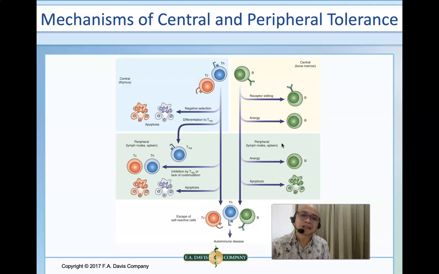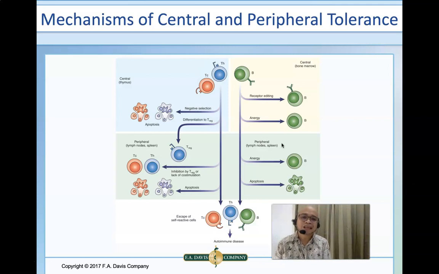So the reason why there is an autoimmune disease, many immunologists thought, is because the ability of our immune system to tolerate self-antigen is lost. Therefore, this is what you call loss of immunologic tolerance. Self-tolerance is actually an example of immunologic tolerance.